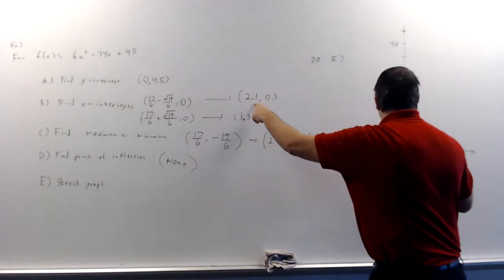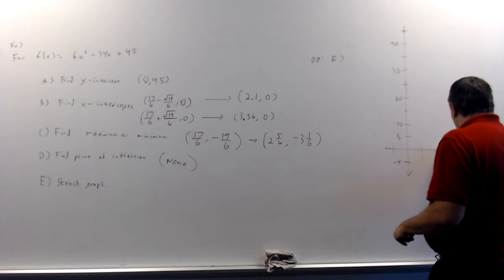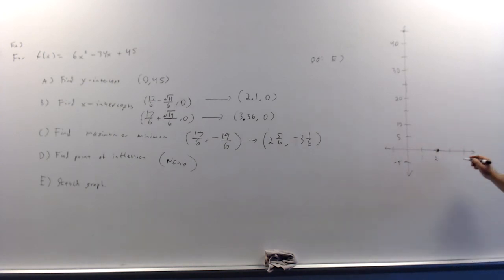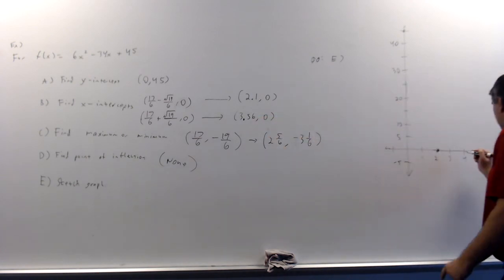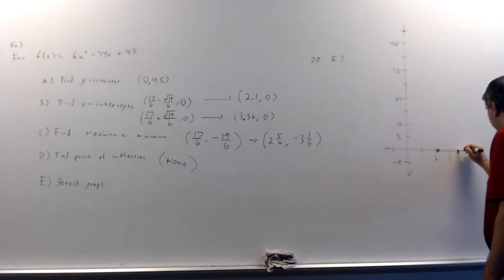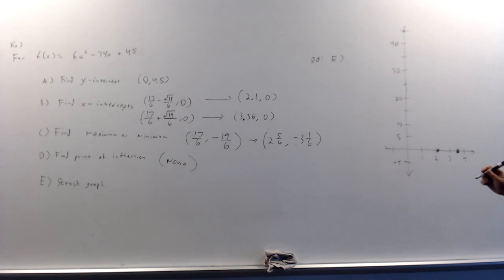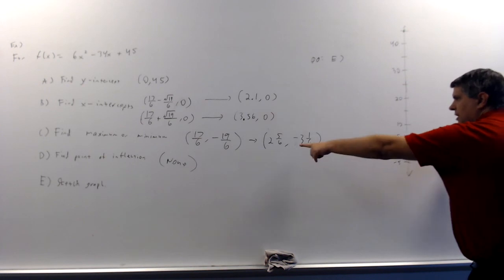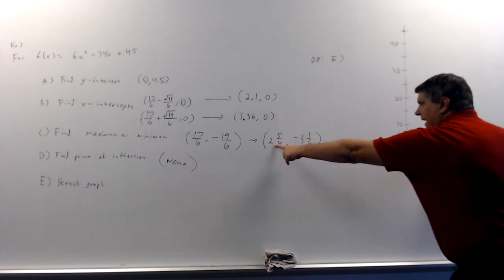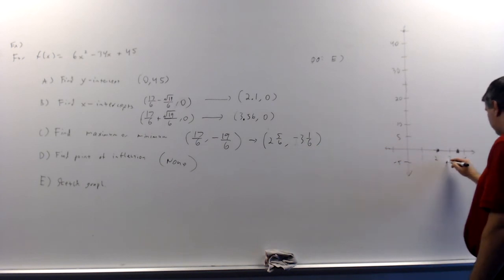I have 2.1, 0. So this is 1, this is 2, so about 2.1 might be about right here. And 3.56, 0. So a little bit over 3.5. Then almost to 3, but not quite, maybe right here, and then down about 3, so maybe about right there.